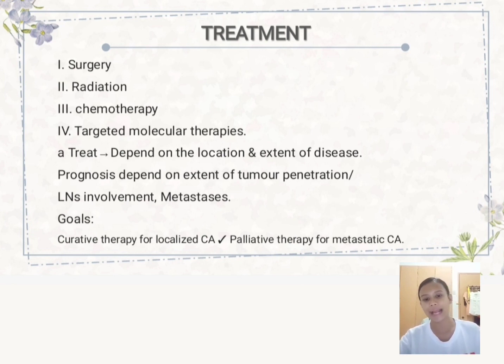Prognosis, on the other hand, depends on the extent of the tumor penetration, lymph nodes involvement, and metastasis. So our goal for patients with localized cancer is curative therapy, whereas for patients with metastatic cancer it is palliative therapy.